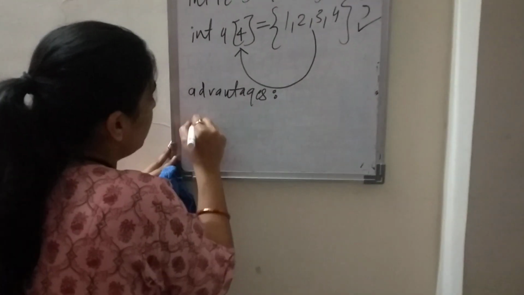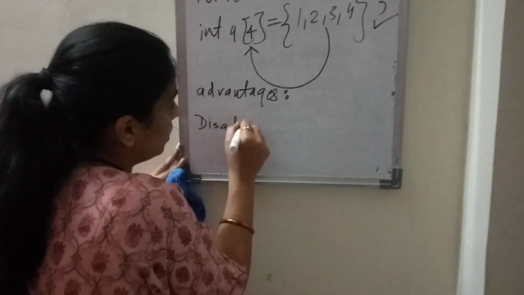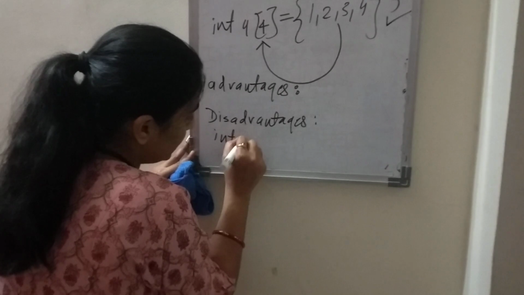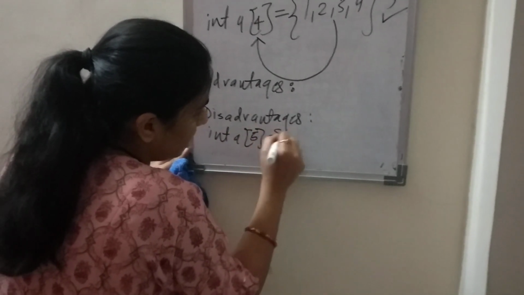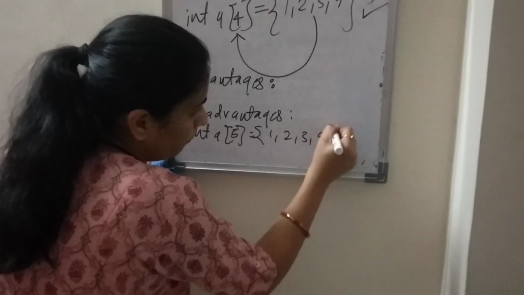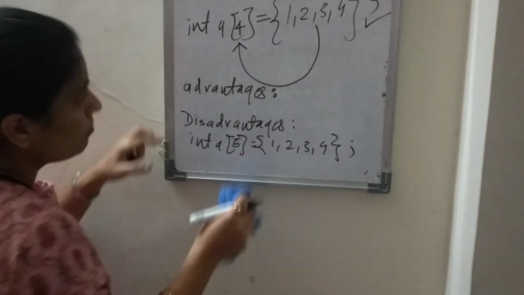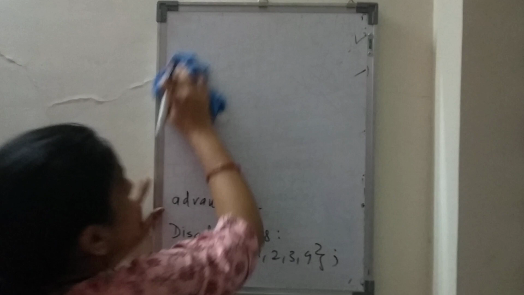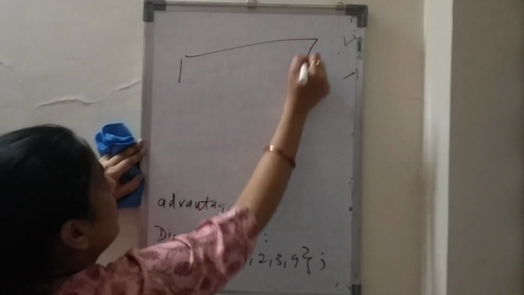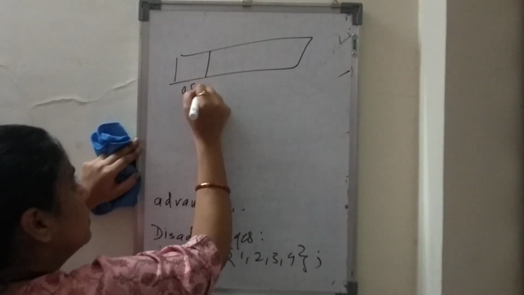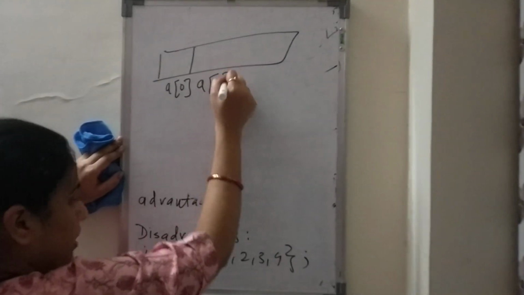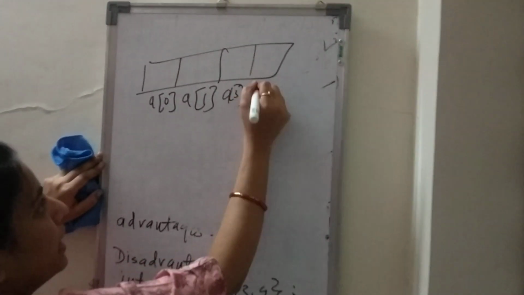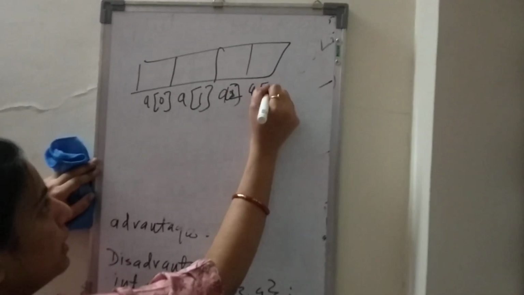And disadvantage. Now look here, very important. Whenever I am initializing array like 1, 2, 3, 4, look here very carefully. a of 2 and a of 1, 2 and here 3.